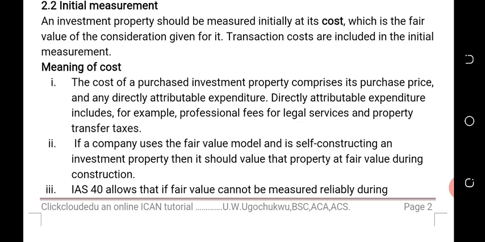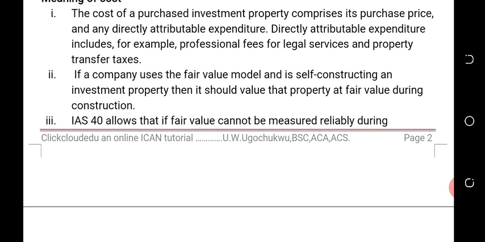So you should understand that professional fees are part of initial recognition, initial measurement. At the point whereby you do not know the cost of that asset, you are still accumulating the cost of that asset, so the cost of professional fees should be part.